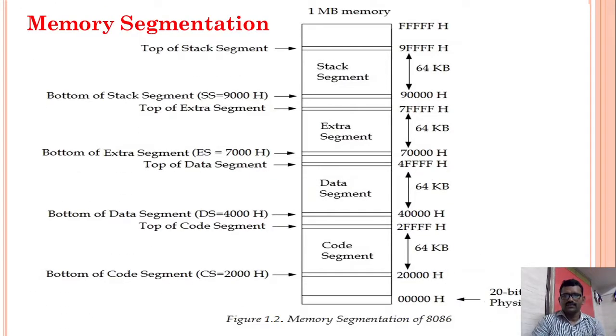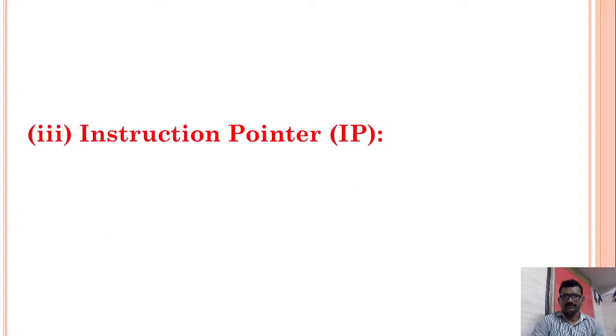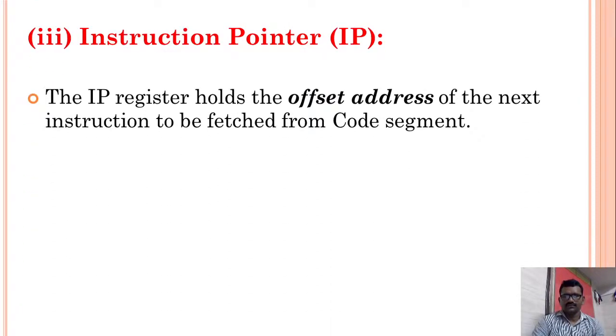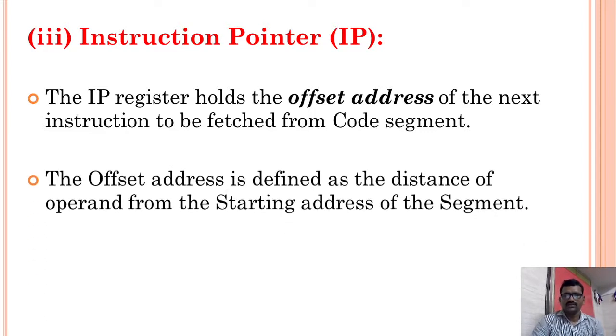We can observe SS has 9000H as the starting address of the stack segment, ES 7000H for the extra segment, DS 4000H for the data segment, and CS 2000H for the code segment. The instruction pointer holds the offset address of the next instruction to be fetched from the code segment.